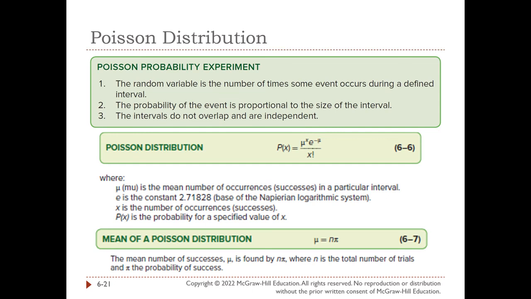The probability of x will be mu to the x power, times that fun e. This is the natural logarithm constant e, basically a constant of 2.71828, to the negative mu, divided by x factorial. Okay, so x is the number of occurrences, successes.